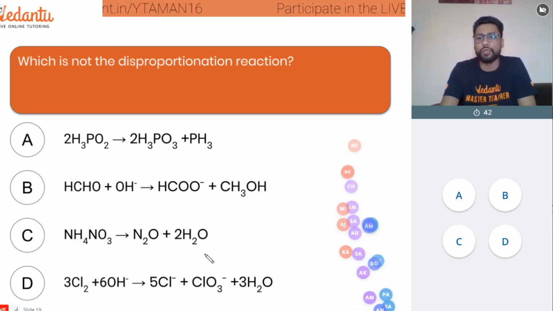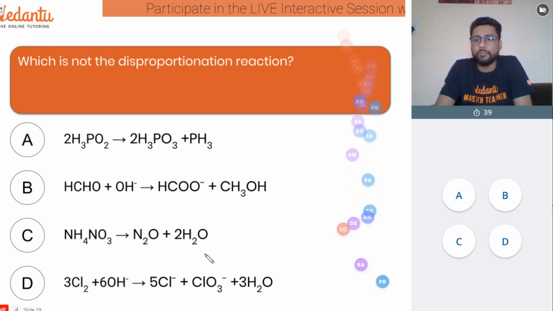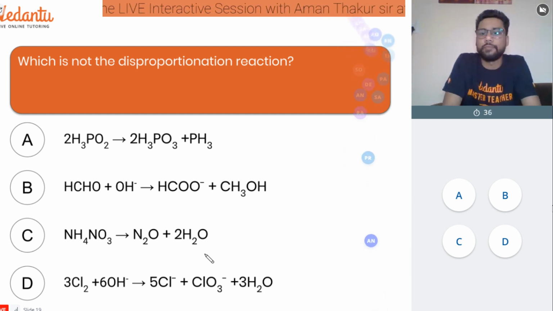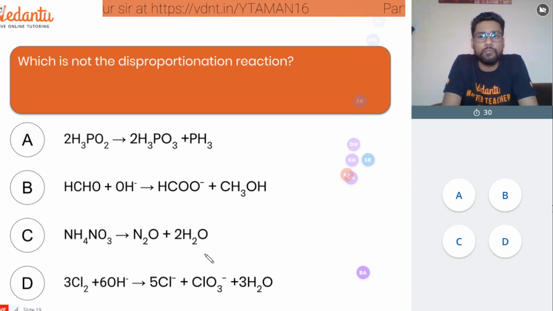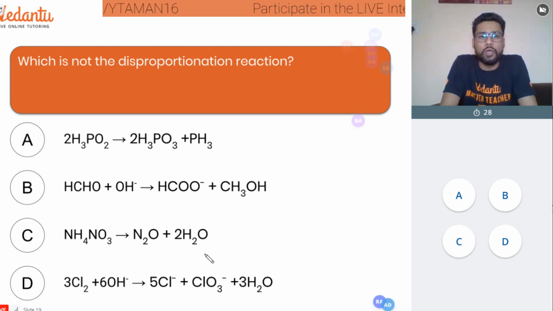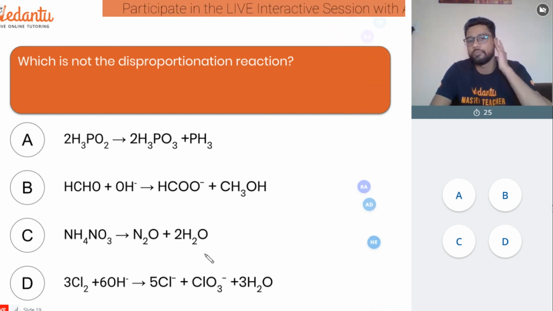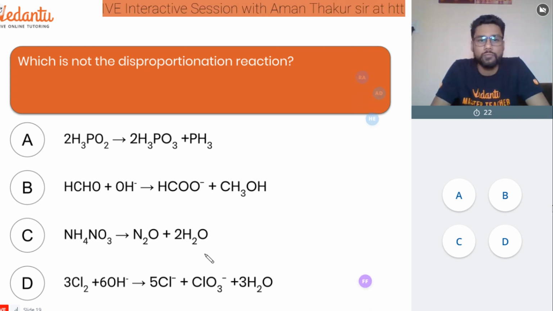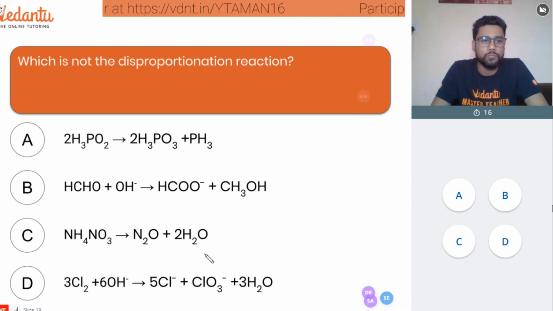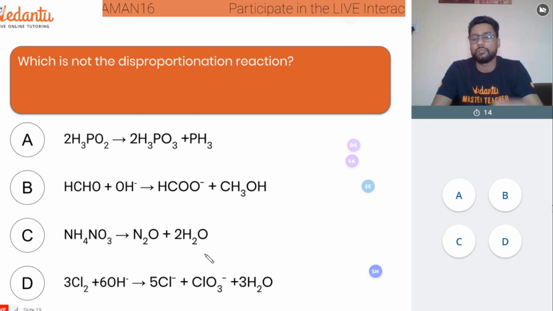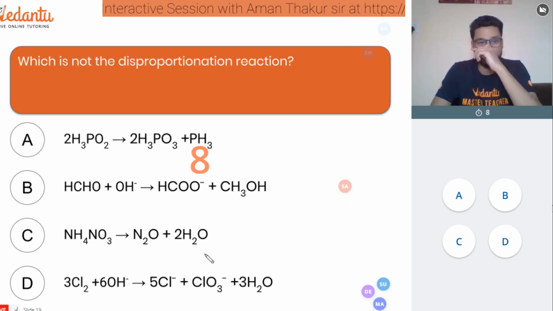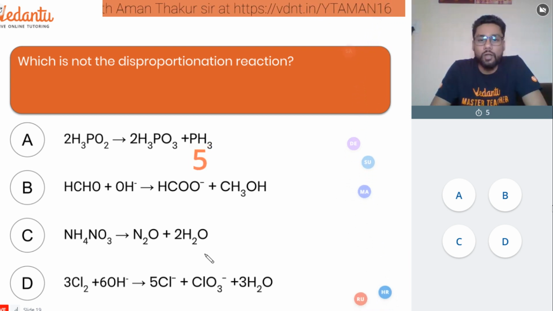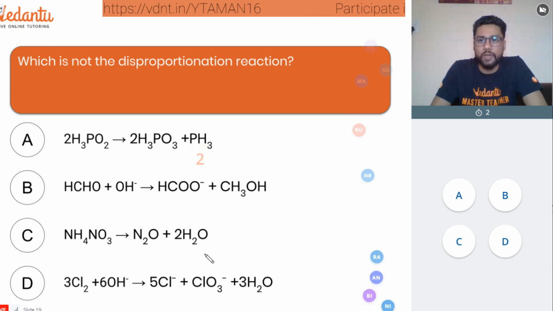Which is not the disproportionation reaction? Simple. Last 5 seconds.